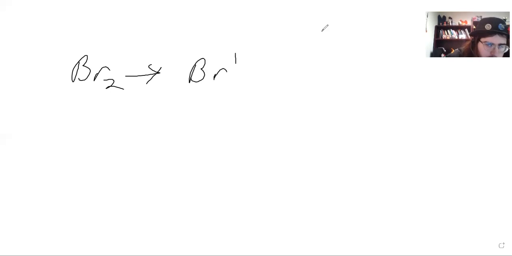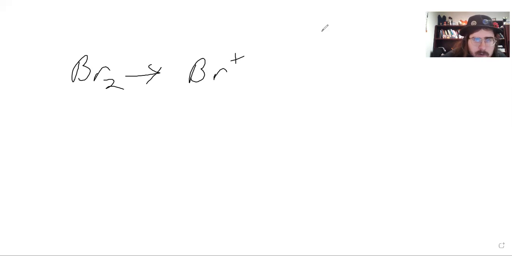So the halogenations. Now, bromination: we have to form an electrophile out of bromine. So we have to turn Br2 into Br plus. But we can do this by adding a Lewis acid. A Lewis acid is going to attract a Lewis base.